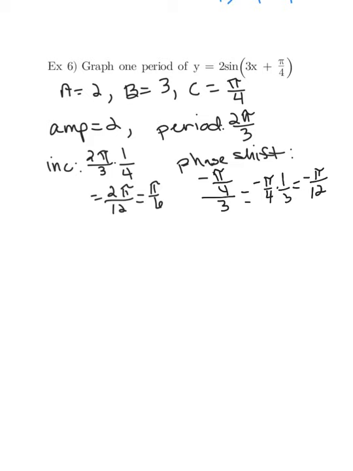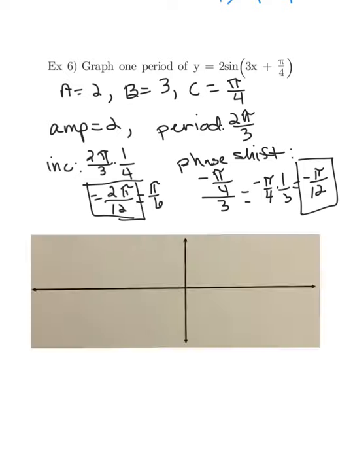So this graph is going to, instead of starting at 0, move left pi over 12. Notice that our unsimplified version of the increments was twelfths. So I'm going to use that version instead of the simplified version. So there is our common denominators, which are going to be very helpful for our graph.